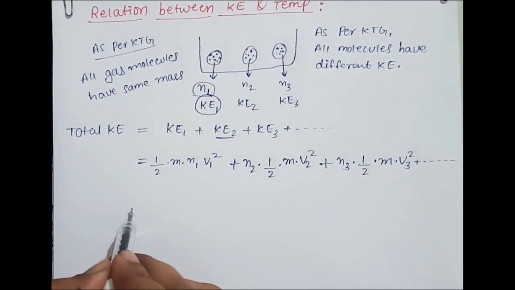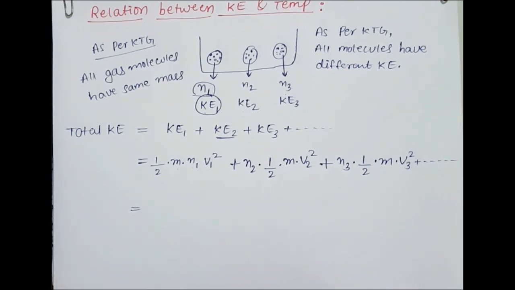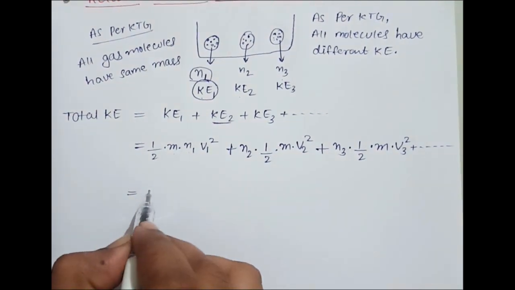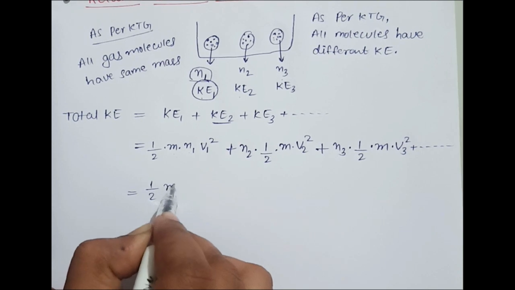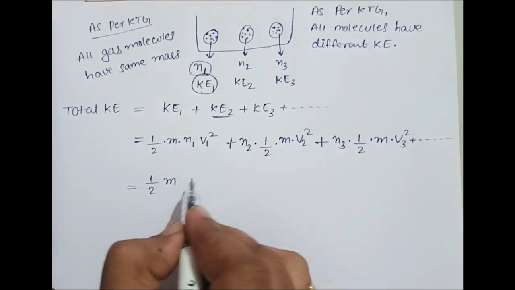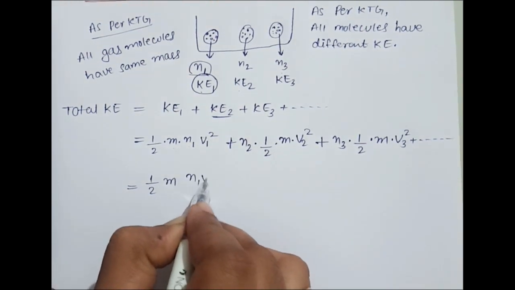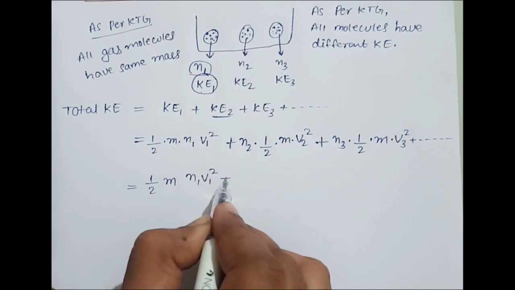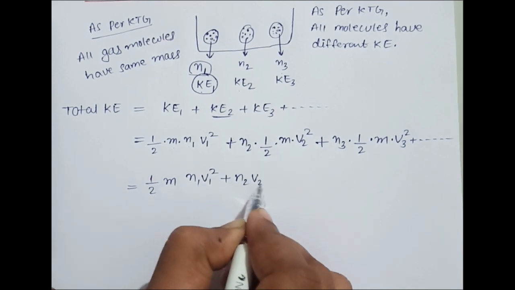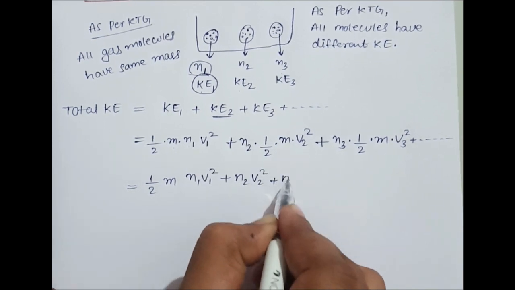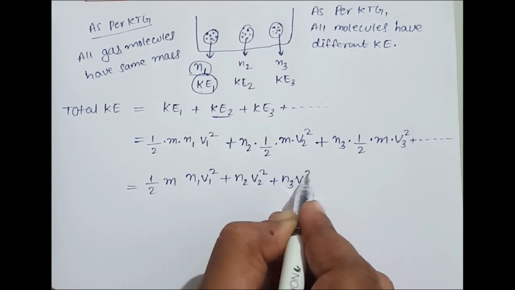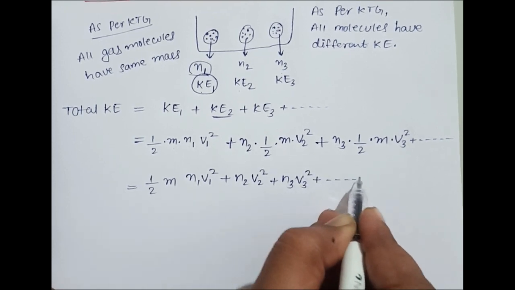Got it? Now what is common in this? Half m is common. So if you take half m common, what will be there? n1 v1 square plus n2 v2 square plus n3 v3 square plus so on. Correct?